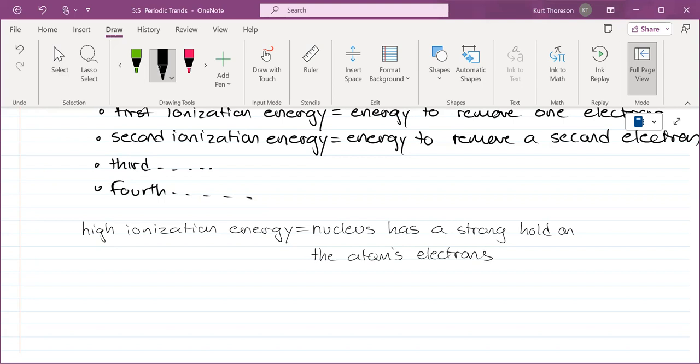Gwyneth, if you were holding on to, say, your phone and you had a strong hold on it, am I going to be able to rip it out of your hands? Probably not. So an atom that has a strong hold is not going to let go. So this is less likely to lose its electrons.